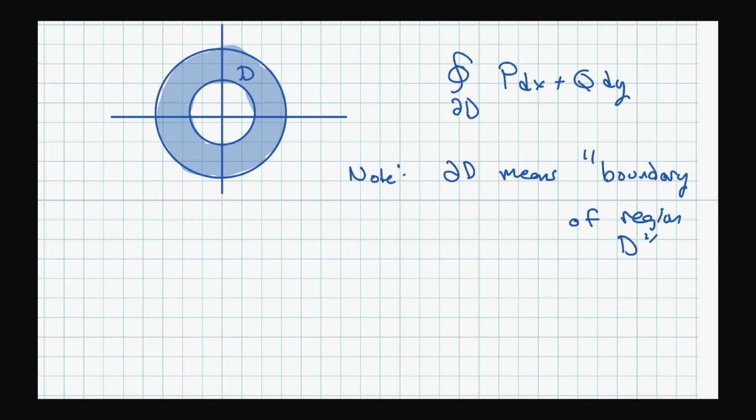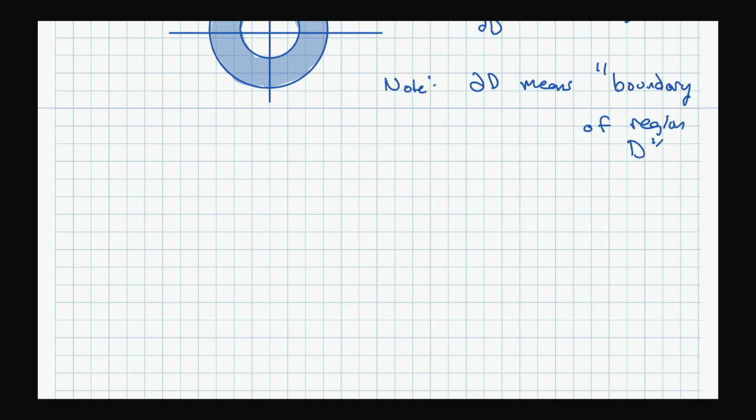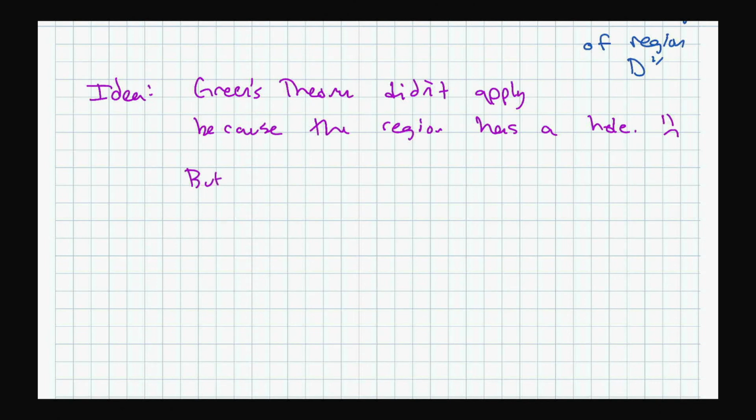So the idea is this. Green's theorem didn't apply because the region has a hole, right? Sad face. But you can split the region.